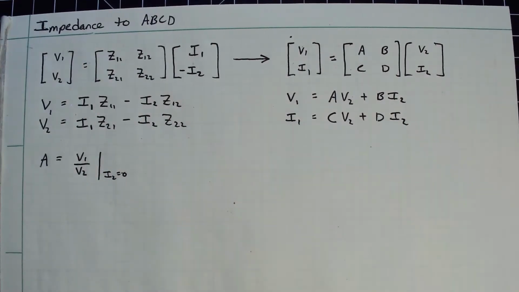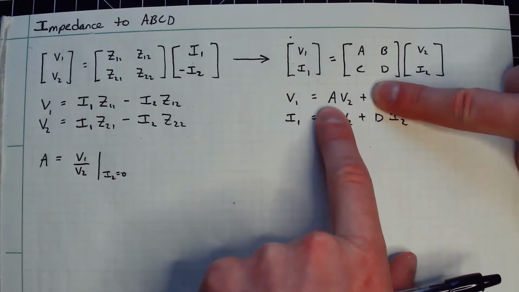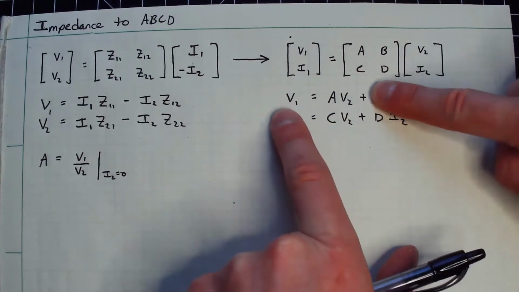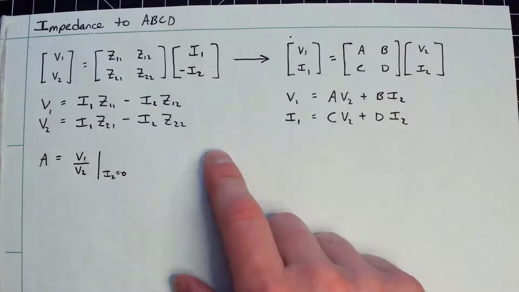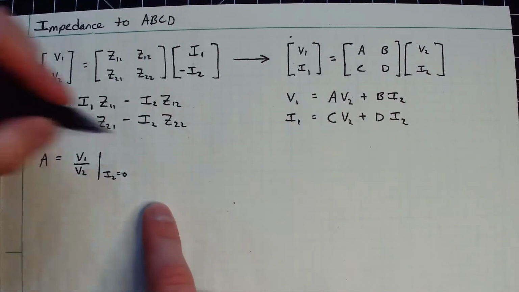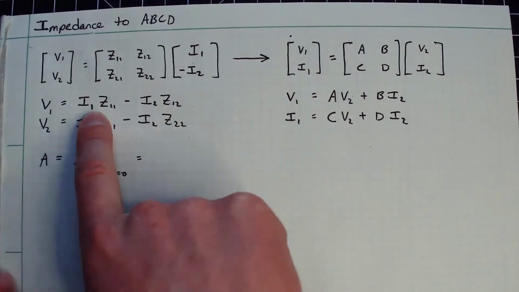Because remember, we have the power to open and close circuits at the various ports to a network. So what I can do is force I2 to be 0, and then my A would be calculated by simply measuring V1 over V2. Well, you see over here in terms of this matrix, here is V1 and here is V2 here.